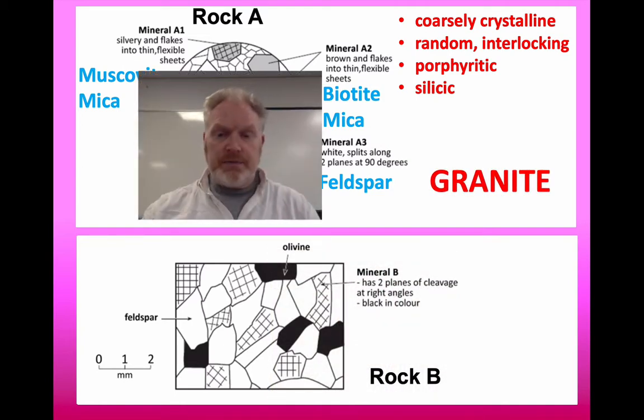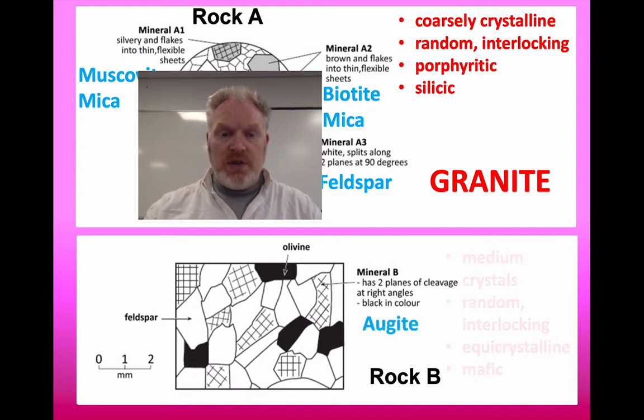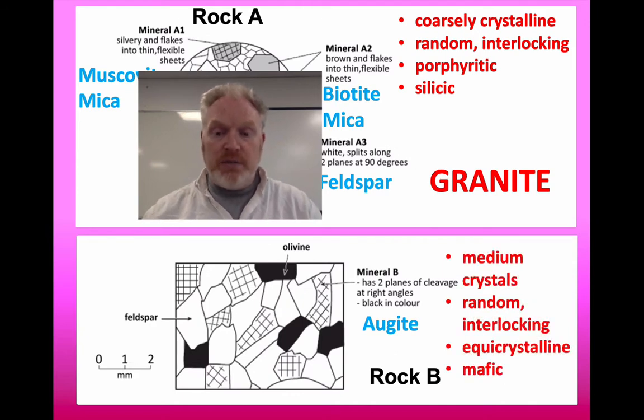Rock B is, again, let's identify a mineral. 2 planes of cleavage in black, that's got to be augite. So this rock then has got medium crystals. The crystals here are bigger than 1 millimeter, but aren't getting to 3 millimeters. Again, they're random and interlocking.